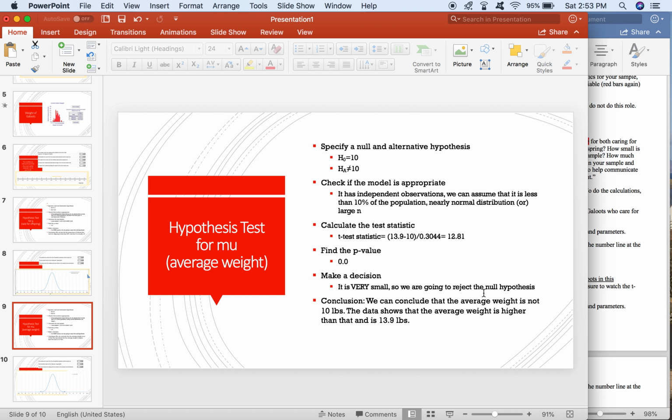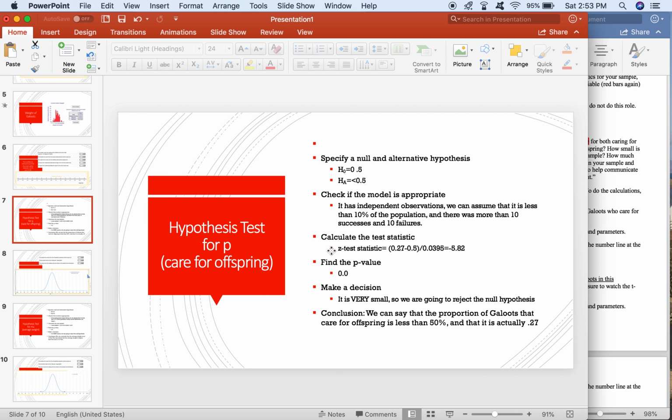For the offspring, I rejected the null hypothesis, and we can say the proportion of the galutes that care for offspring is less than 50%, and that is actually 0.27 or 27% of the galutes.